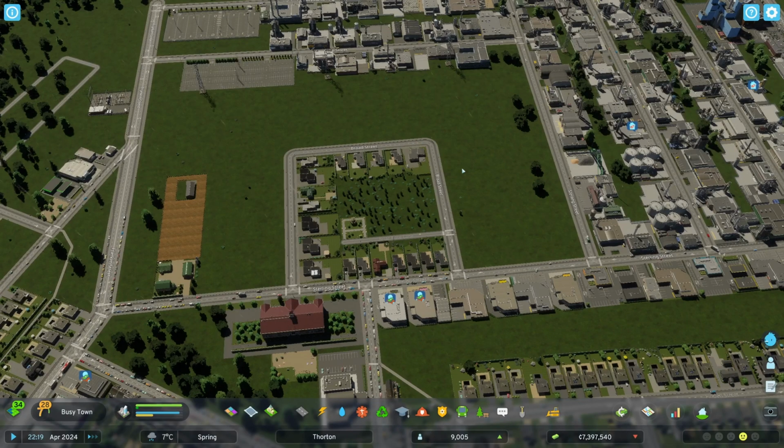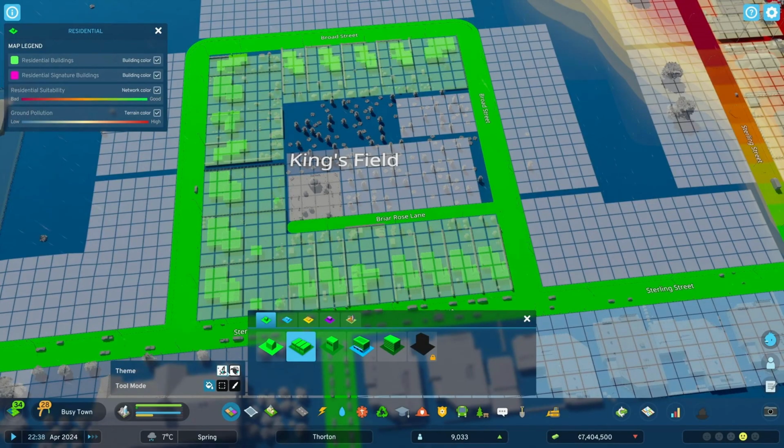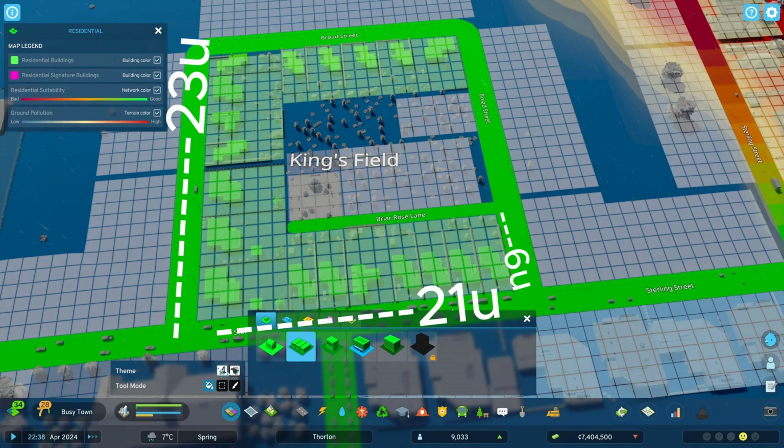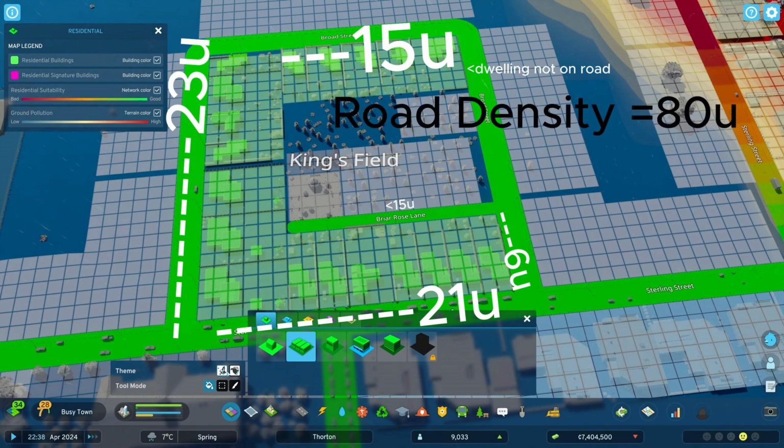So how to calculate net residential density, and we're going to use Cities Skylines units here of each one of these little grid blocks. You calculate the road frontages, 23 units, 21 units here, 6 units here, 15 units here, and these dwellings that back onto Briar Rose Lane, so another 15 units, for a road total of 80 units.